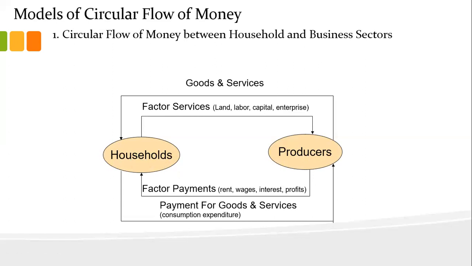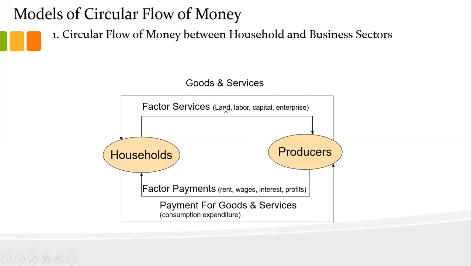So for their services, they can give their land or building to the producers on lease, or labor, you are working there, or you have invested capital with the producer or enterprise. So for factor services, you will get factor payment.